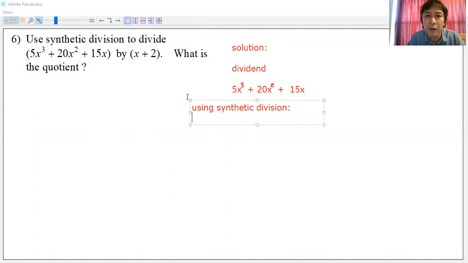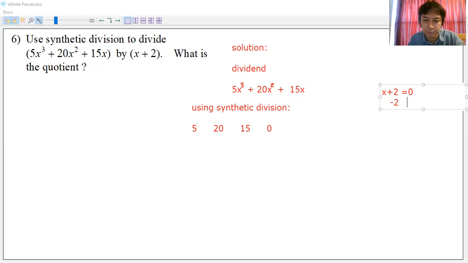We enumerate the coefficients: 5, 20, 15, and of course for the x to the 0, we will provide a 0. Now we make use of the x plus 2, our divisor. Solve for our trial divisor. Equate to 0, solve for x.